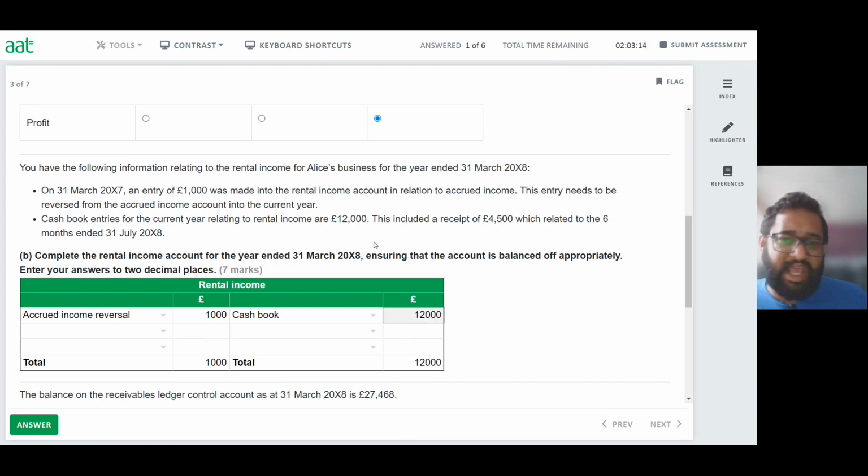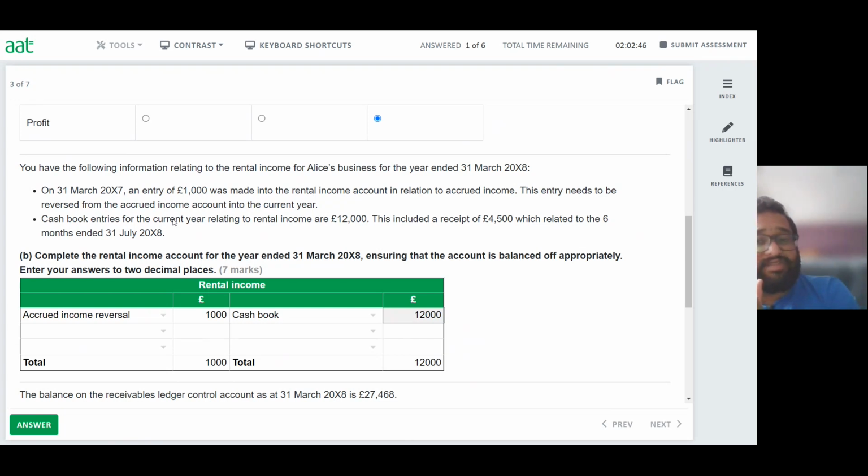But then also they're saying here, out of this 12,000, there's a receipt of £4,500, which related to 6 months ended on 31st of July. Because my financial year is finishing on 31st of March, whatever we received from that onwards must be a prepayment for the rent for the next year.